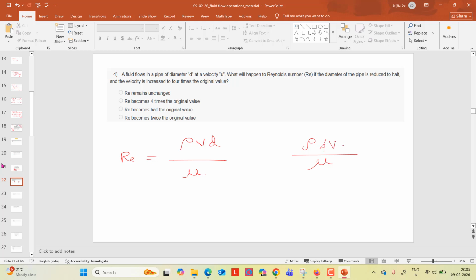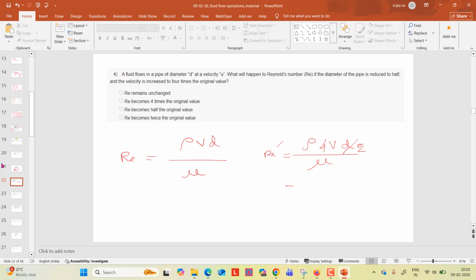and, sorry, prime is the new one, 4V, and the diameter is half, so it is d by 2.